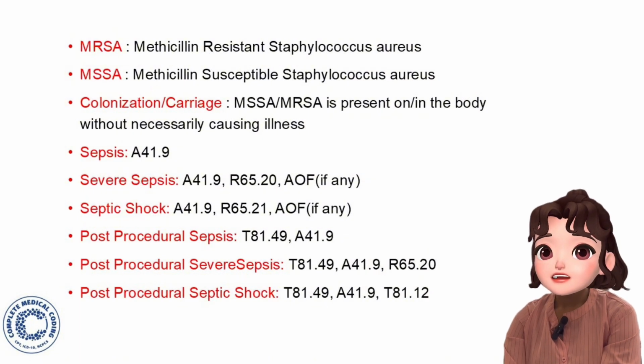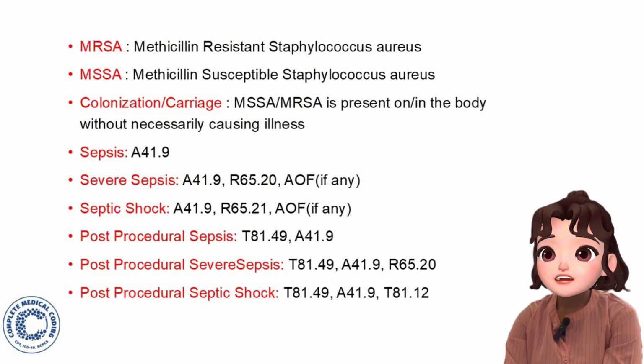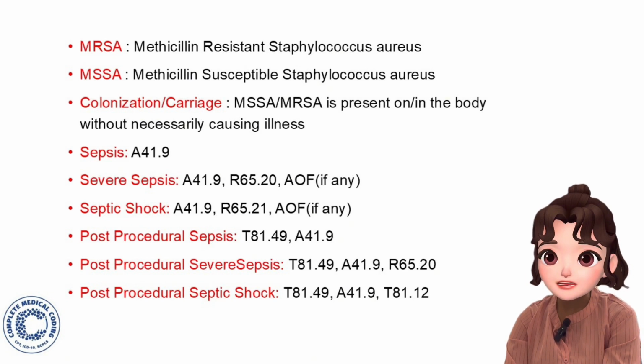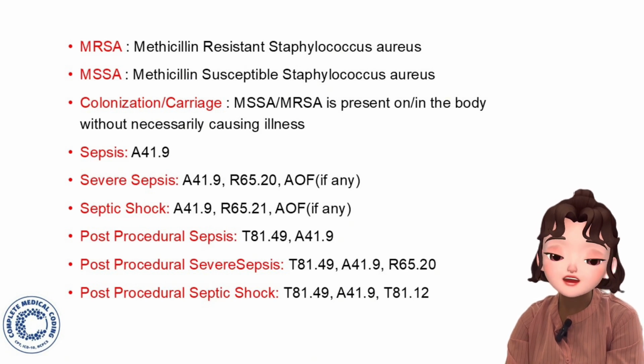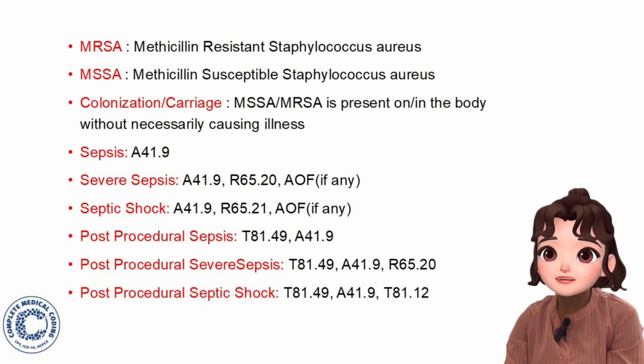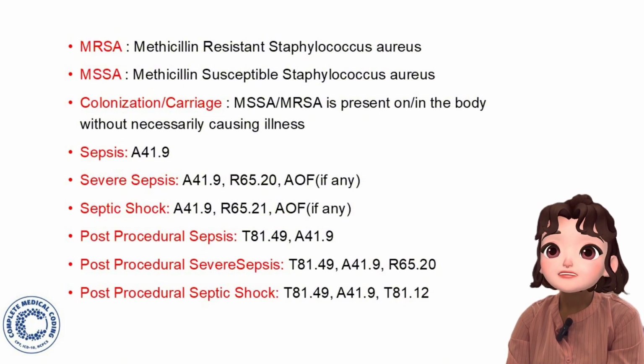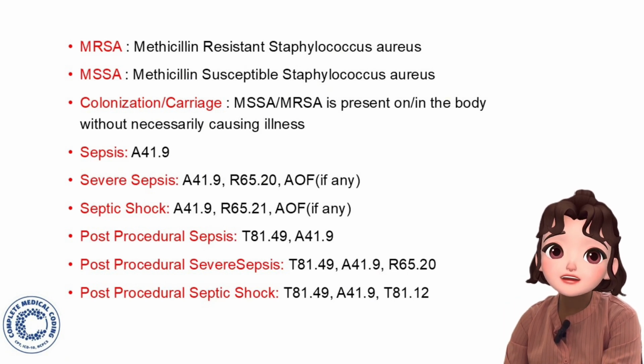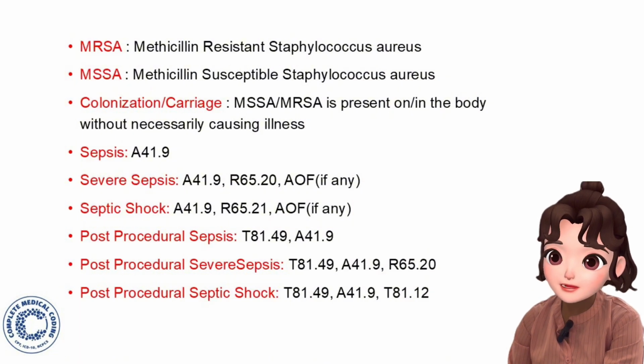Okay. Now below are a few important codes just for your understanding. You don't have to memorize everything. For sepsis, use A41.9. This is the sequencing order. If it is only sepsis, use the sepsis code A41.9.